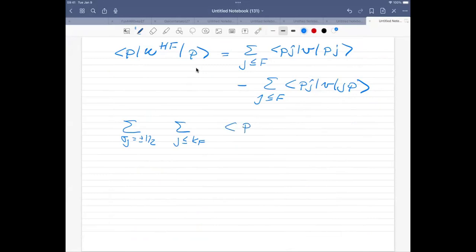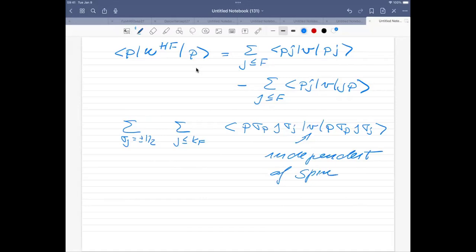It means that there's going to be a P and sigma P, a J and sigma J, and V, and then a P and sigma P, and then a J and sigma J. Now what you notice here is that since this is independent of spin, and the spin of P is fixed, sigma P is just fixed to either plus or minus a half. So these are the spin projections.